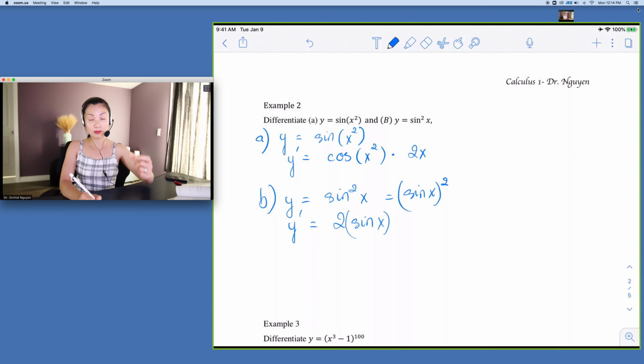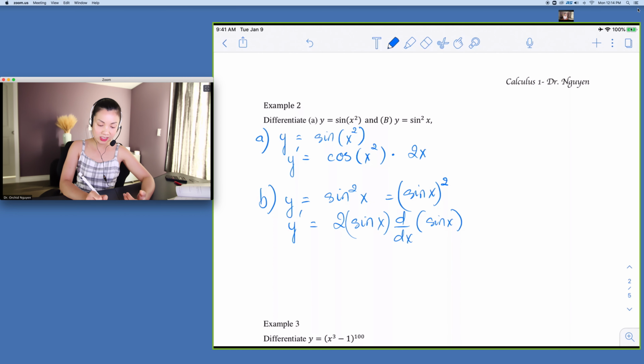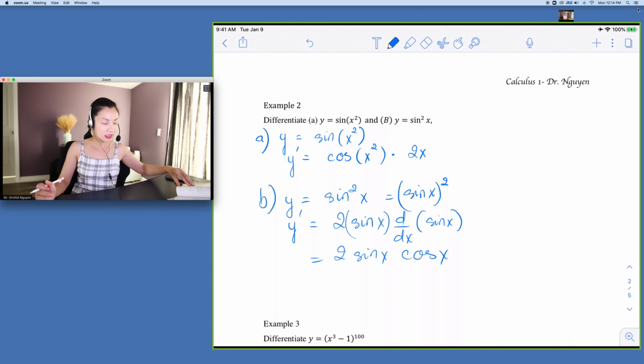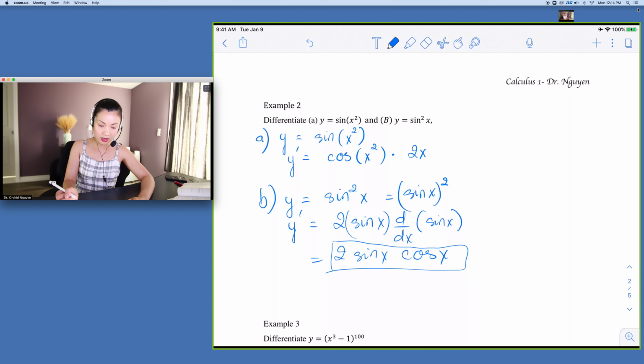And then we're going to multiply by the derivative of sine of x, which is cosine of x. So what I have is 2 sine of x cosine of x. And that's how we proceed with the problem. Now you can see that we cannot simplify this one. If you want to rewrite and put the 2 in front of cosine, that's fine too.